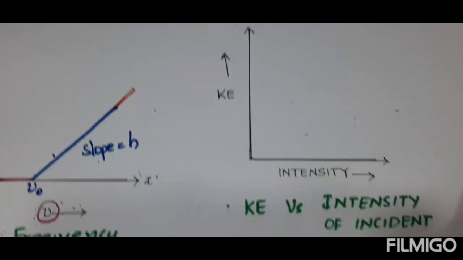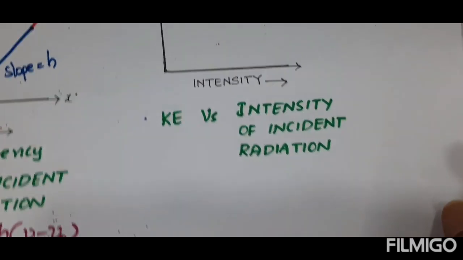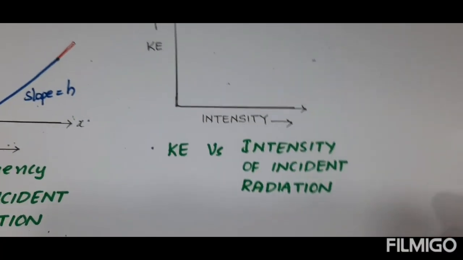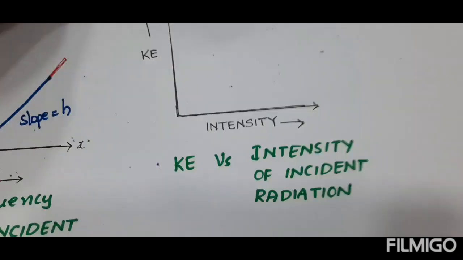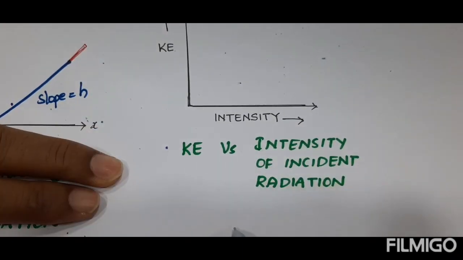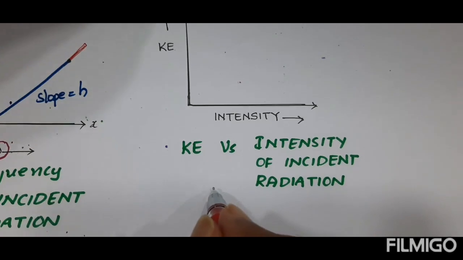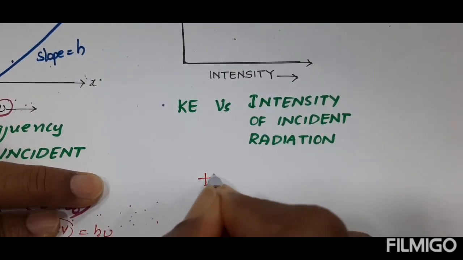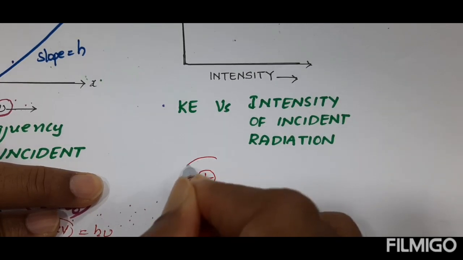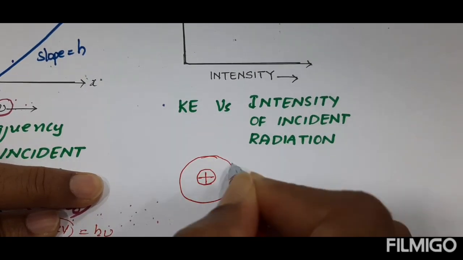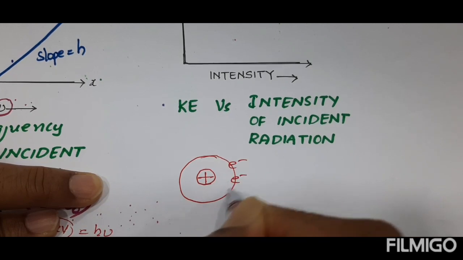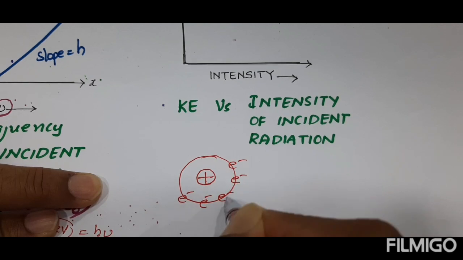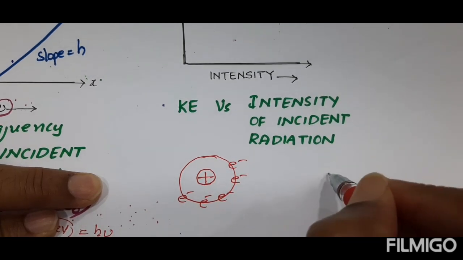Understood? And now come to the kinetic energy versus intensity of incident radiation. I will explain. Here also I am taking this nucleus. Suppose this metal surface, this particular atom, for the sake of convenience, has 5 electrons in the valence shell.